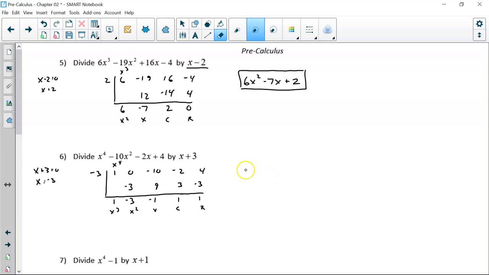So we ended up with our quotient of x cubed minus 3x squared minus x plus 1, plus our remainder, 1 over x plus 3. There's our quotient and remainder.